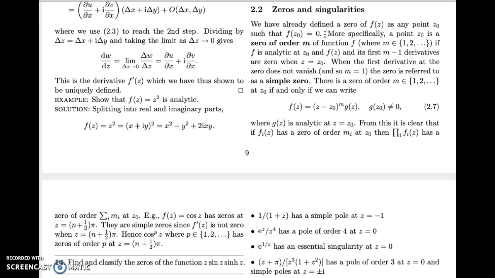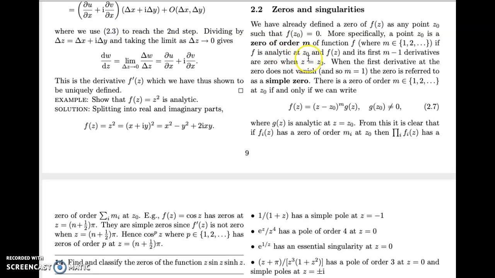So we talk about a zero of order m. I'm now going to give a technical definition, which is true, but it's actually not really the best way to show that something is a zero of order m, but I'm giving it anyway.